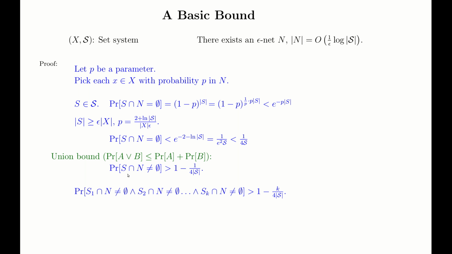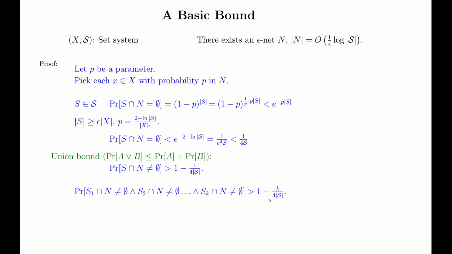If the probability of an event is at least 1 minus something, then the probability that k such events happen simultaneously is at least 1 minus the sum of this value. So in this case, the probability will be at least 1 minus k over 4 times s.